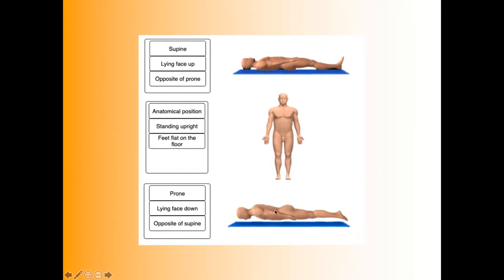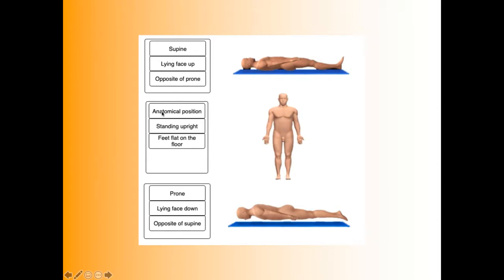If we look at the bottom, the person lying face down is prone, because when you're prone, you're on the bone. Prone is on the bone, meaning the nose. Supine is lying on your spine. Prone is on the bone, lying face down on your nose, and it's also the opposite of supine.